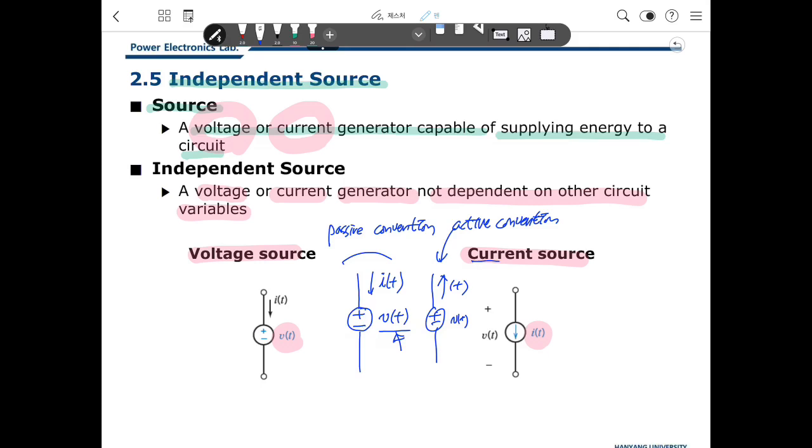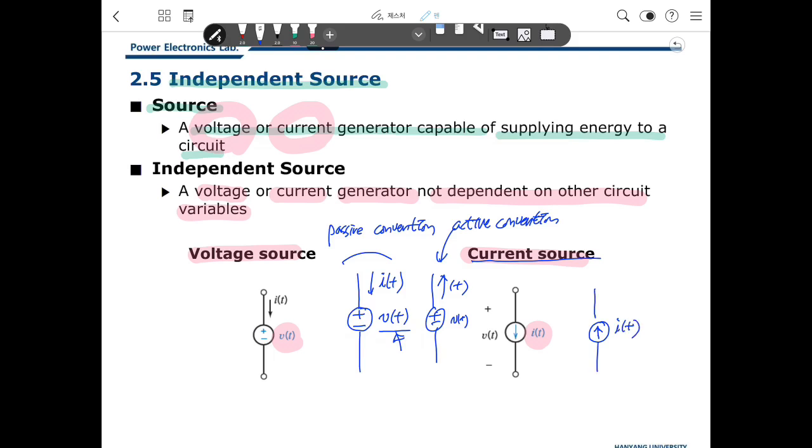In the current source case, we use a circle in the same way as the voltage source, and instead of the polarity, we draw an arrow in the circle. We write in the direction of the arrow, then write i(t) here.